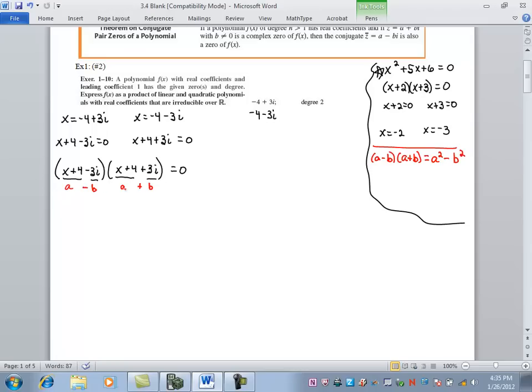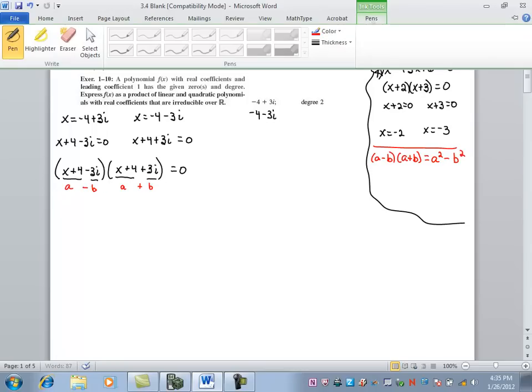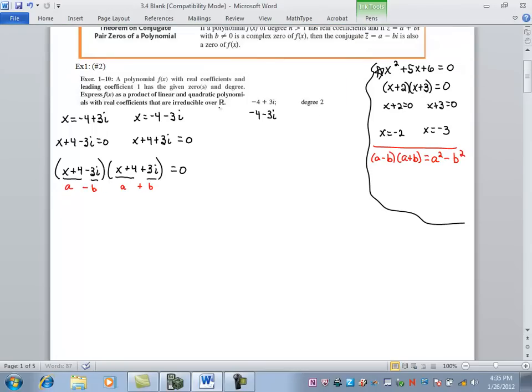So in this format, we're looking at the difference of two squares. Alright, and so what we're doing here is we're squaring the first one, x plus 4 quantity squared, and we're squaring the back one, 3i quantity squared.